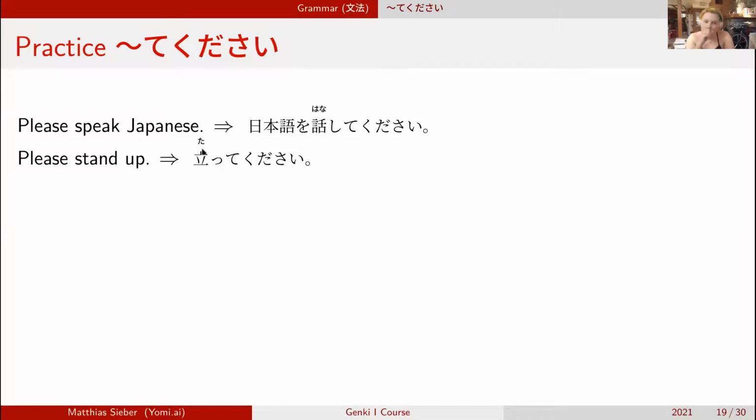In the previous example, please speak Japanese, we need the particle o because we determine what has to be spoken, Japanese. So Nihongo o hanashite kudasai. If I wanted to say just please speak, I can just say hanashite kudasai. Please stand up is just the action of standing up, not on top of something else, where I would use a particle. Tatte kudasai by itself just means please stand up.